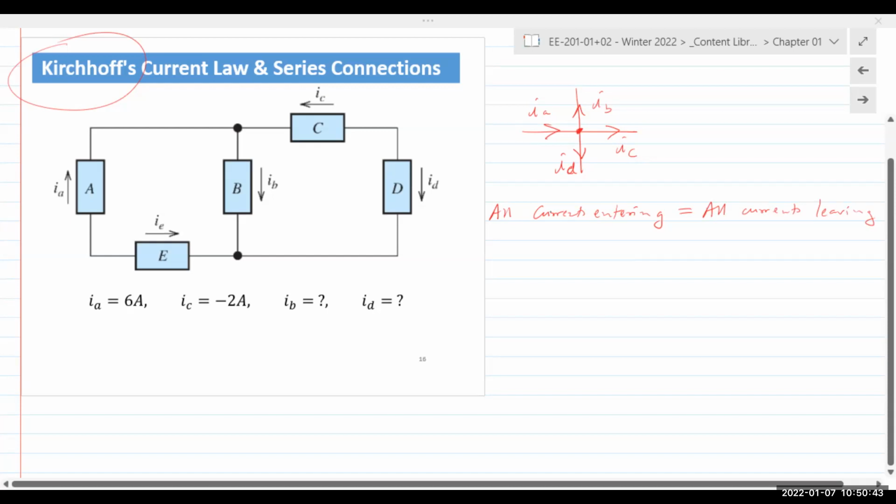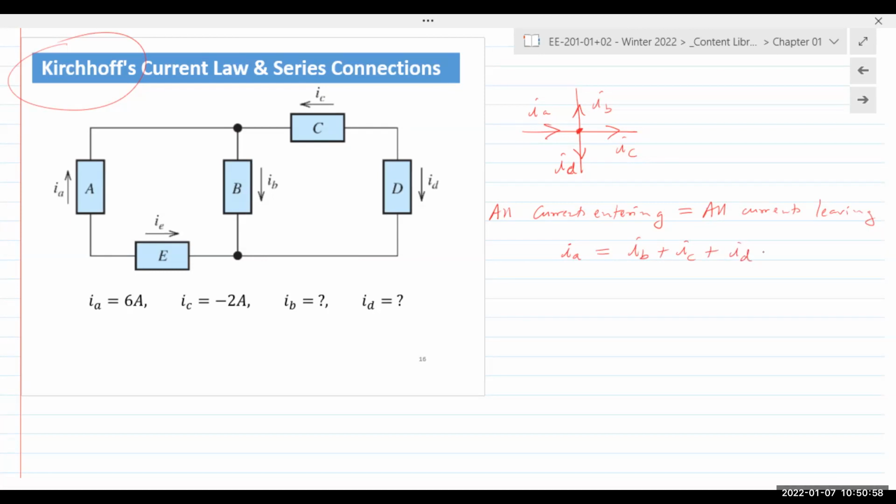So in this particular case, I would have IA entering the junction, and that would equal IB plus IC plus ID. With this example, we would have IA entering, and then IB, IC, and ID are all leaving.